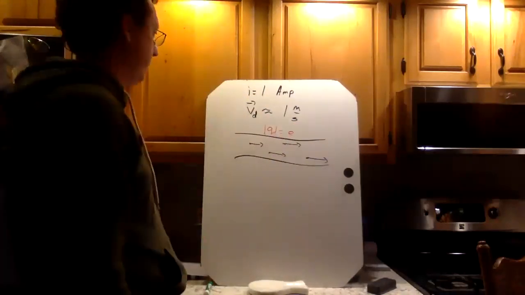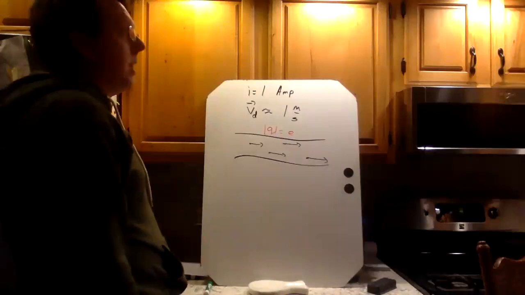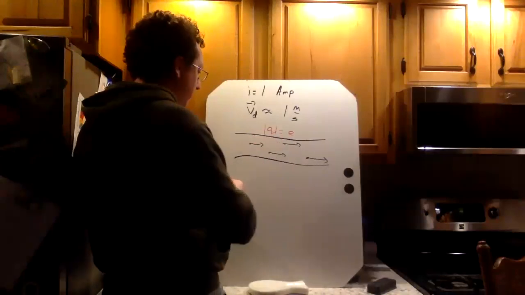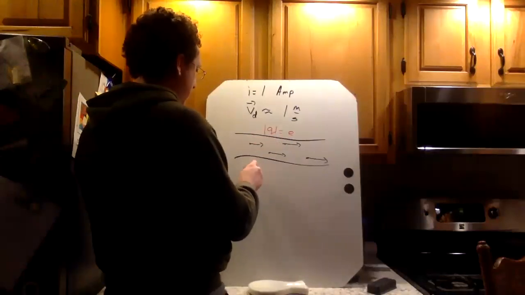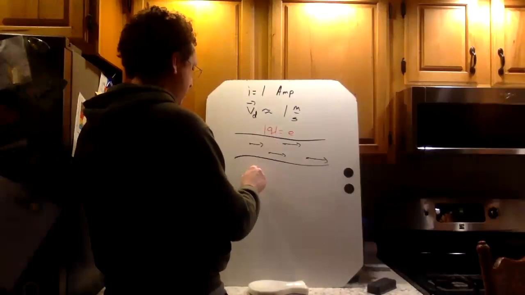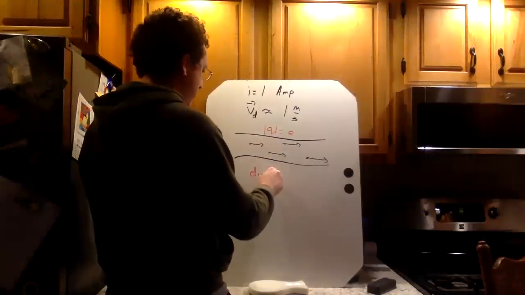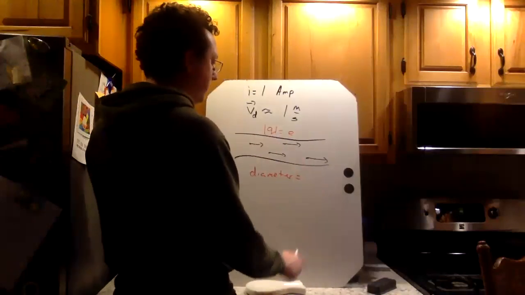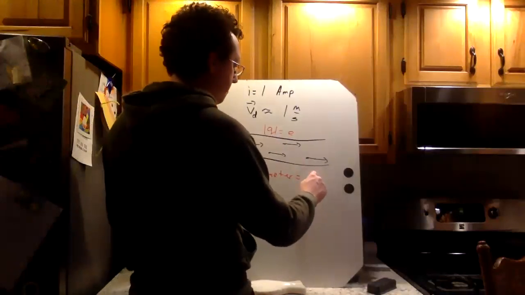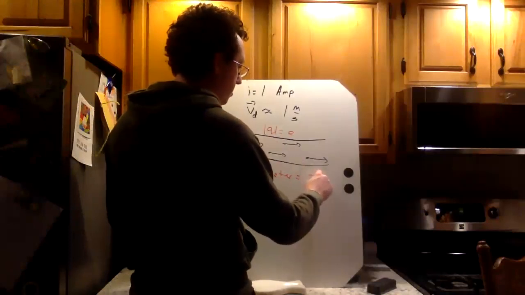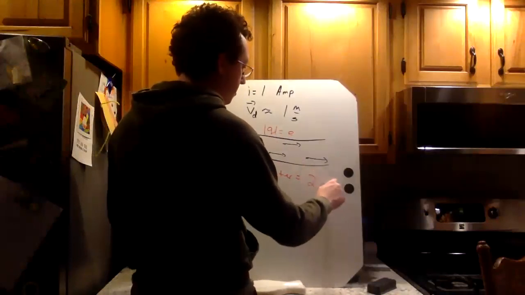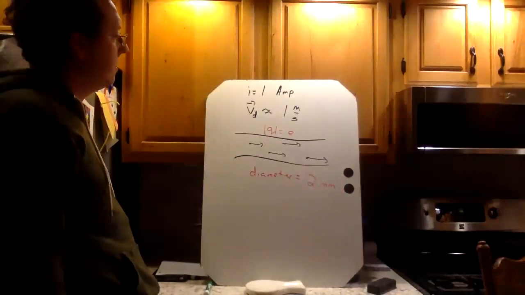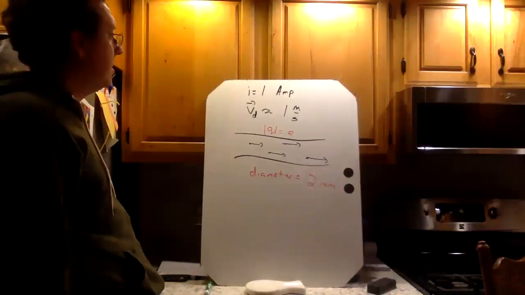Okay, so we have that. And let's assume the wire has a diameter of 2 millimeters in width. And the wire, we'll take it to be a cylinder.